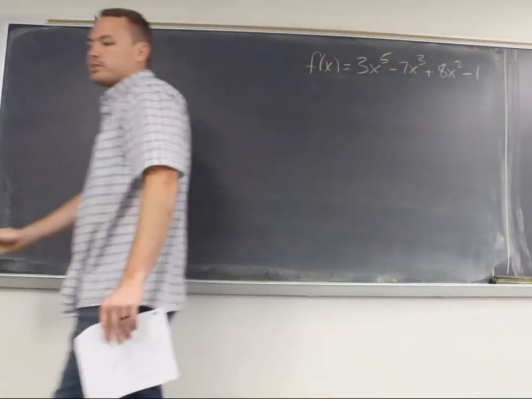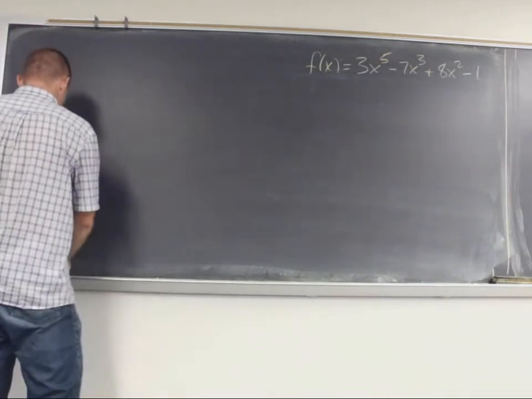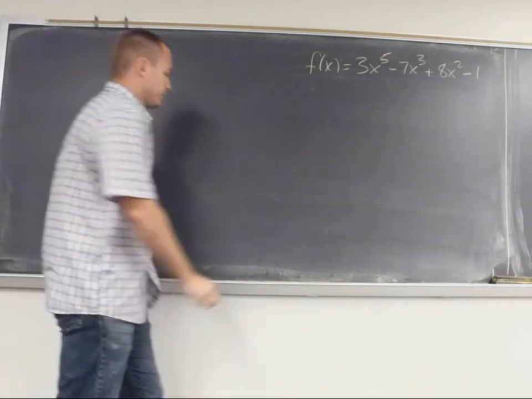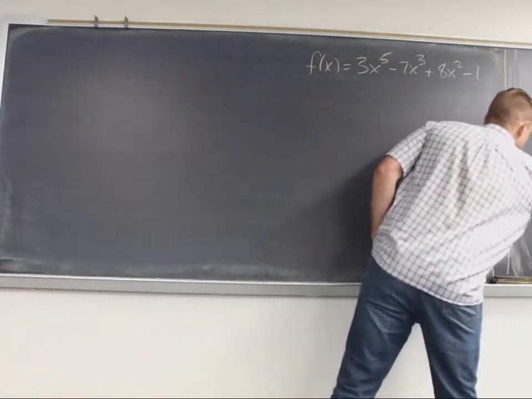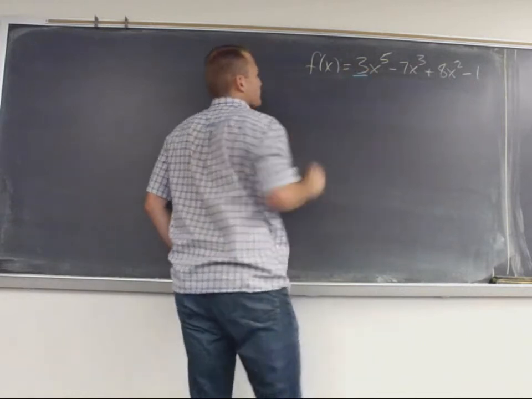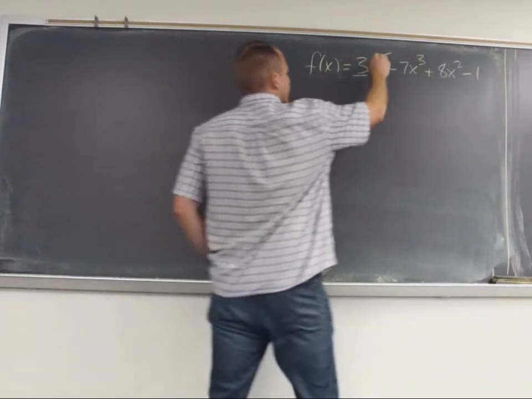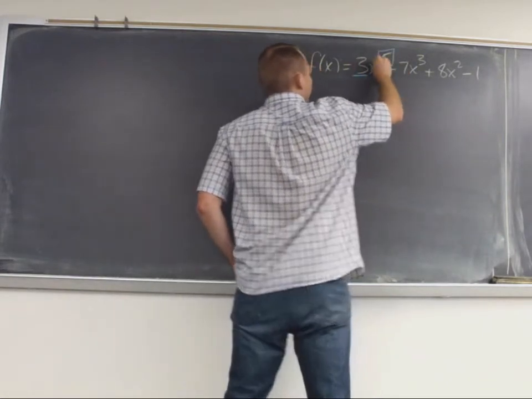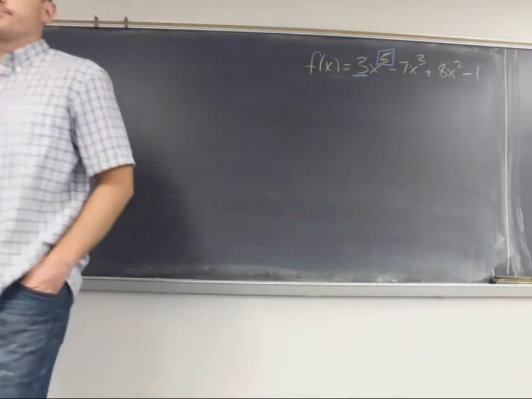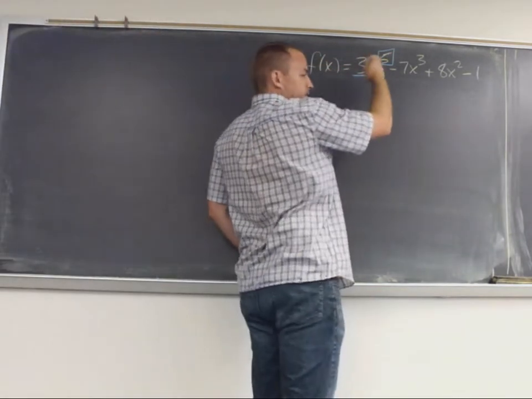So this is the polynomial function that I'm giving you, and I just want to identify a few things in here. The first thing to identify is what this number is. And then we need to identify what that number is. Okay? So the one in the box up here, that's an exponent.